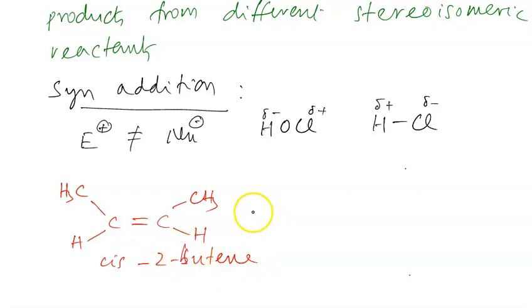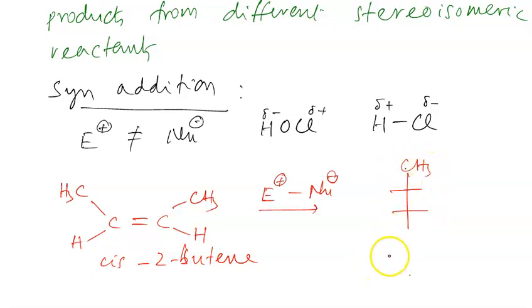Now when such a reagent, for example E plus and Nu minus, is added to this cis 2-butene, the product we will get here is, let us write like this, CH3, H, E, Nu.